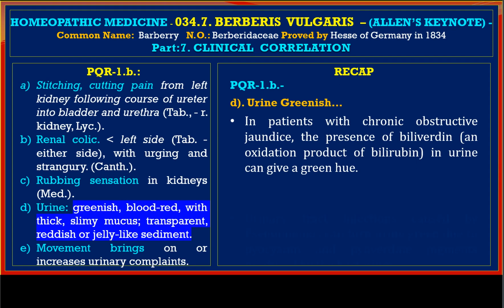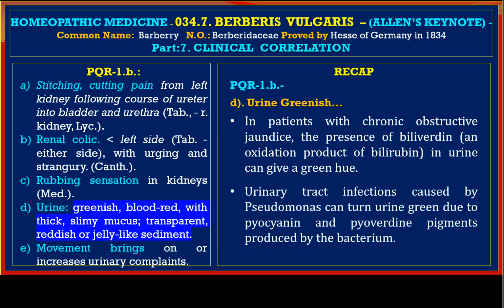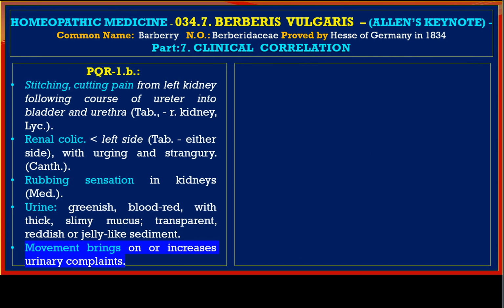Urinary tract infection caused by Pseudomonas can also turn urine green due to the pyocyanin and pyoverdin pigments produced by the bacterium. So this is a very important symptom, though noticed by homeopathic stalwarts long time back. Today we know the exact reason why it is happening like this.